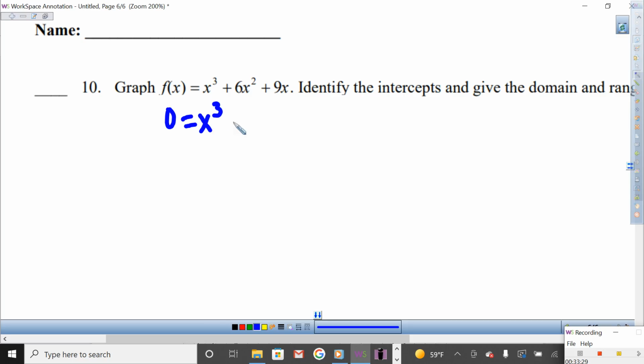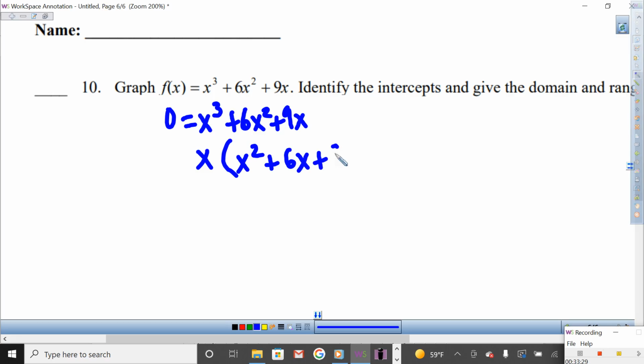Let's check to see if there's any GCF. Is there any GCF? Yes, an x. That is correct. And that leaves us with x squared plus 6x plus 9, and all that equal to 0.